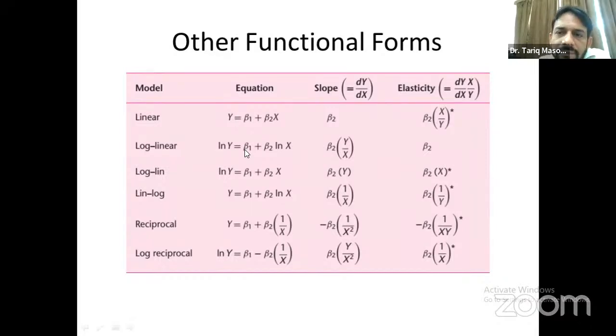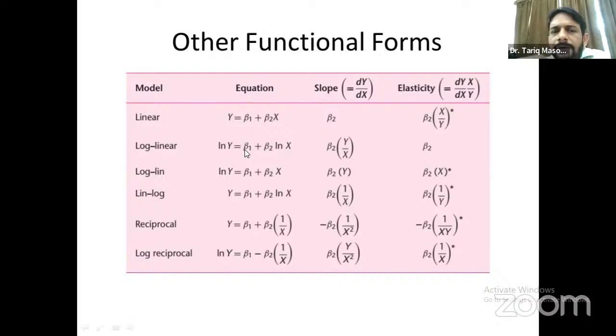There are a number of reasons for logarithmic transformation. The first reason is that log stabilizes the variance of the data. So if there is a lot of variation in the data, when you take log of that data, there is a stabilization of variance.